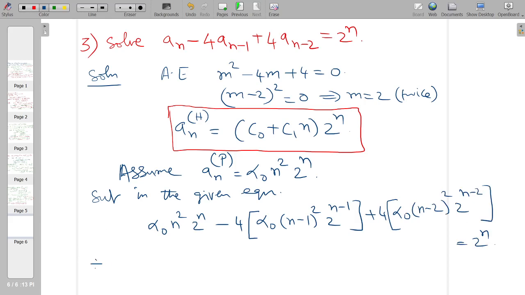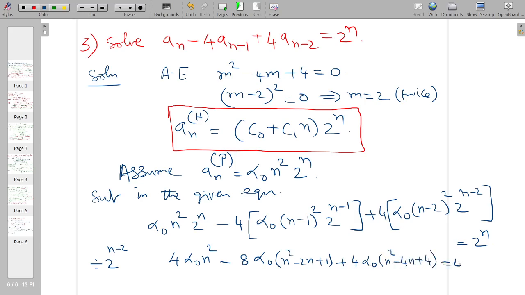Now here I divide with 2^(n minus 2). So I will have 4 alpha_0 n squared, minus 8 alpha_0 into (n squared minus 2n plus 1), plus 4 alpha_0 (n squared minus 4n plus 4) is equal to 4, because I have divided throughout with 2^(n minus 2).